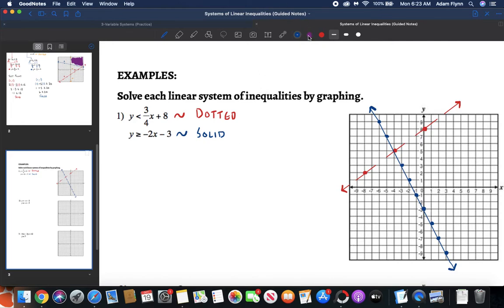So now what I need to do is plug in a test point. Neither of my two lines are going through the point 0, 0, so I'm going to plug in 0, 0.